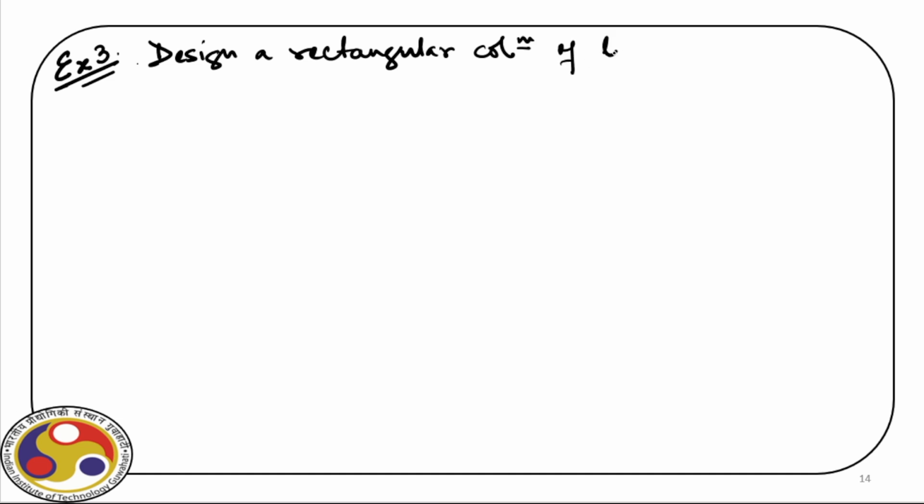So the last problem is again a design problem, and in this case design a rectangular column of length 4 meter to carry a load of 1500 kilonewton.